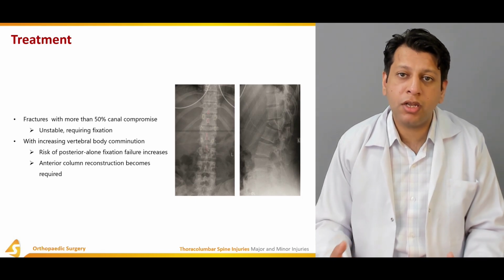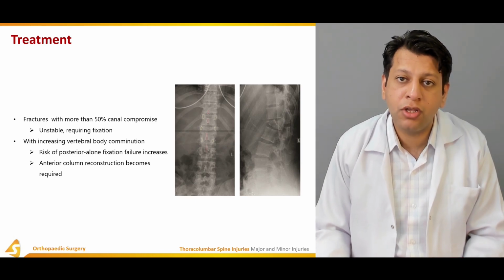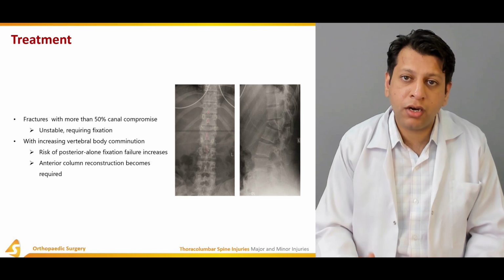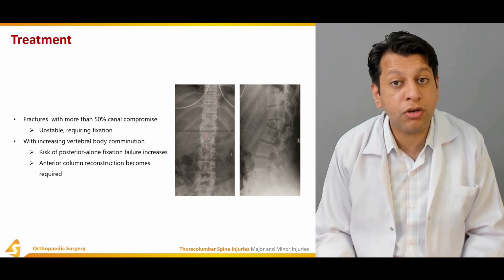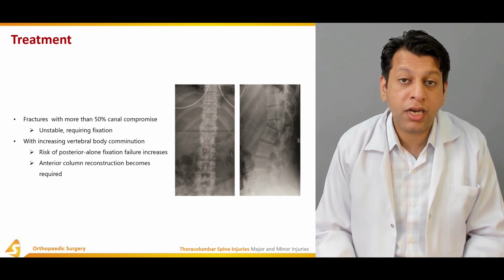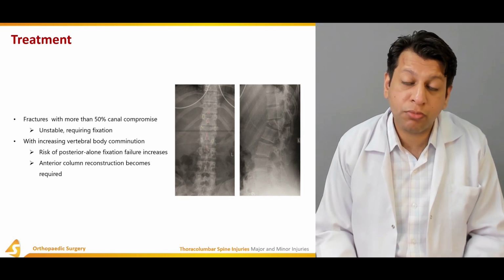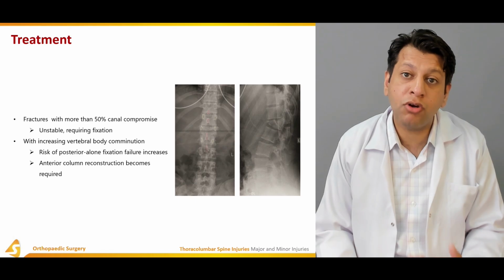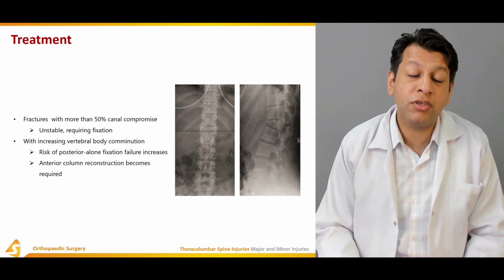Now with all the ligaments not intact and the osseous anatomy also unstable, we need to start not only by fixing posteriorly. When we are fixing it posteriorly, we are only restoring the posterior column. The anterior column anatomy is actually not restored. Therefore, there is increased stress over the posterior column because the anterior and middle column are also unstable now. Therefore, that may eventually lead to failure.